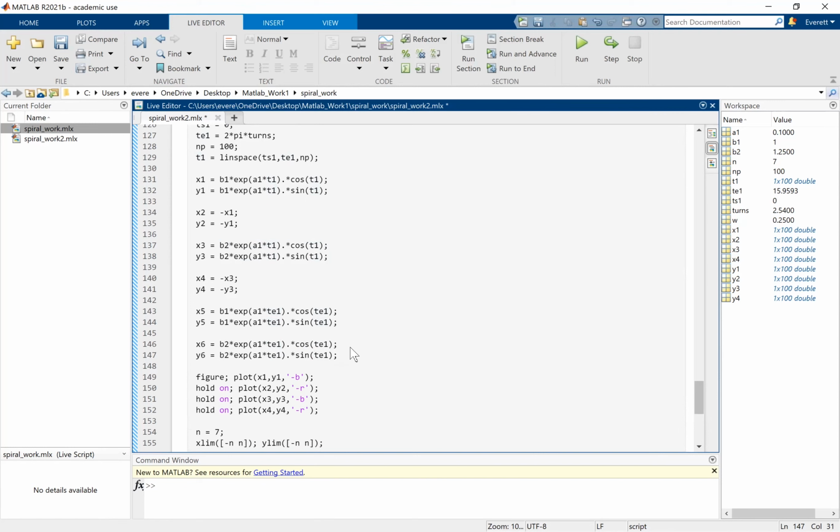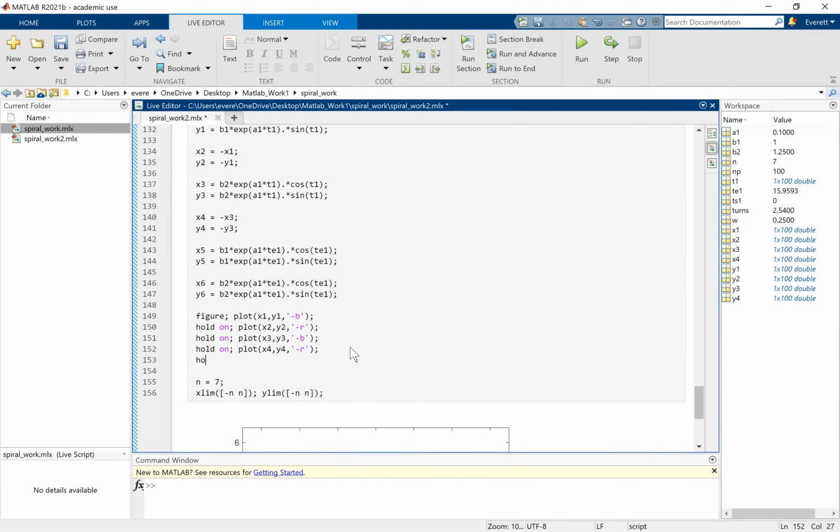All right, so let's plot that. Let's do hold on, plot, and then we're just going to make our vector here directly. So it's going to be x5, x6, then comma, y5, y6, and then this is going to be the blue arm.